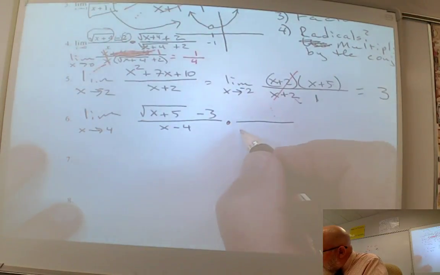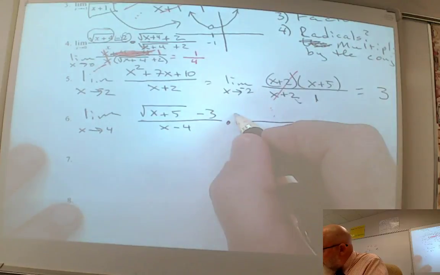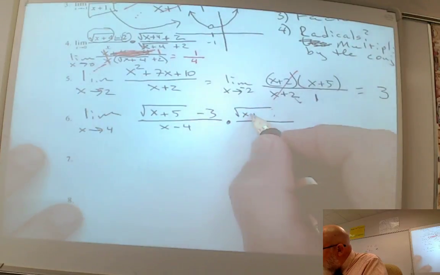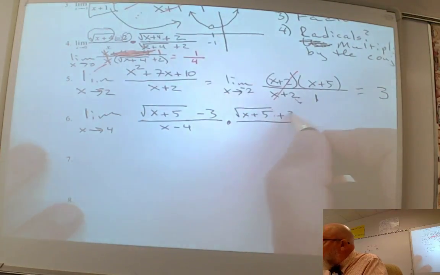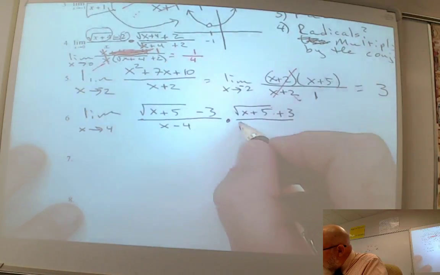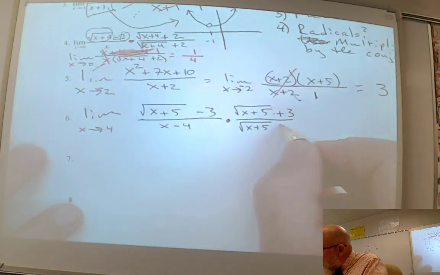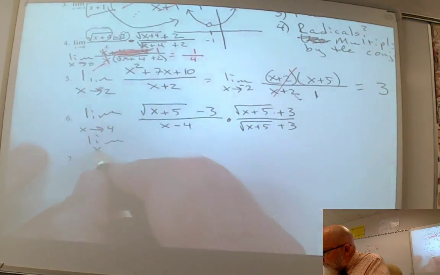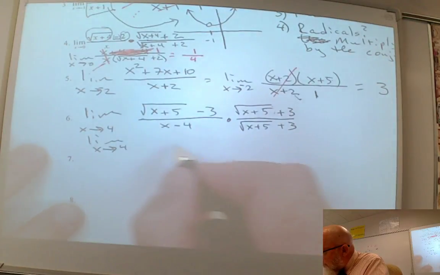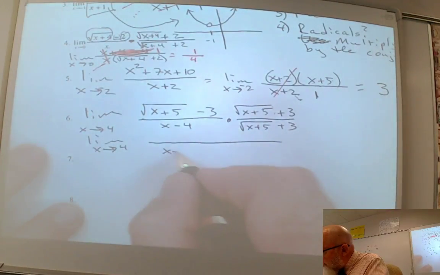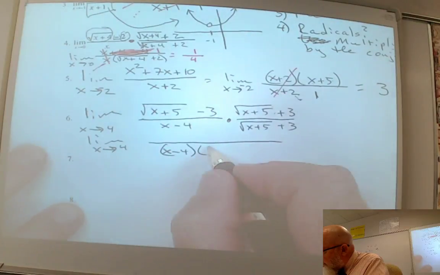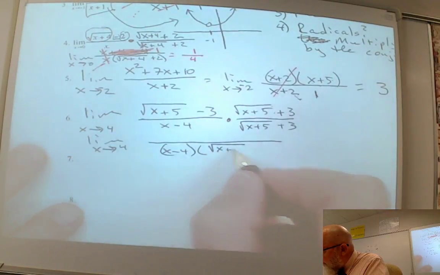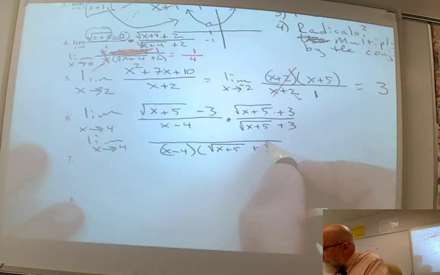The square root of x plus 5, what? Plus 3. Does everybody see where the plus 3 comes from? So make sure I write the square root of x plus 5 plus 3 on the bottom. So now I'm going to write the limit as x approaches 4. Down here I have x minus 4 times the square root of x plus 5 plus 3.